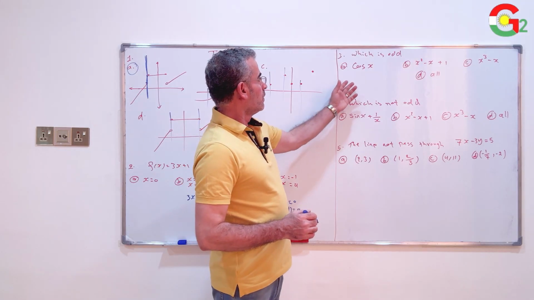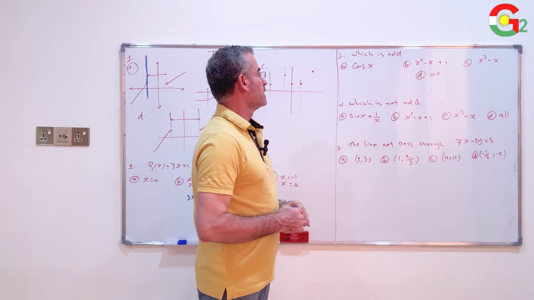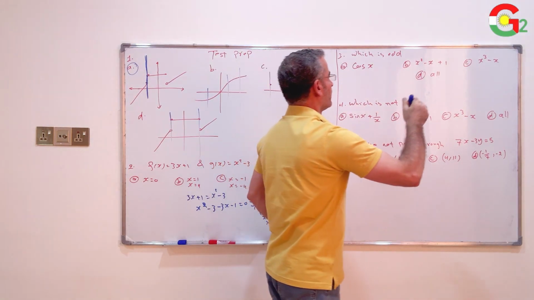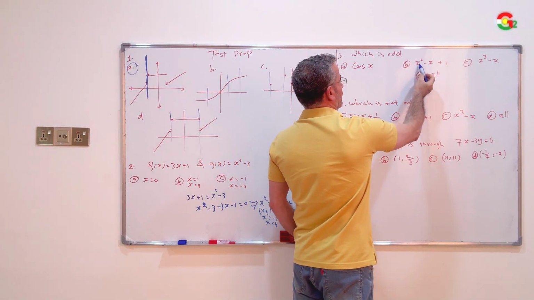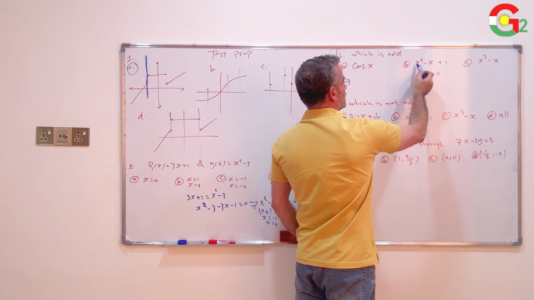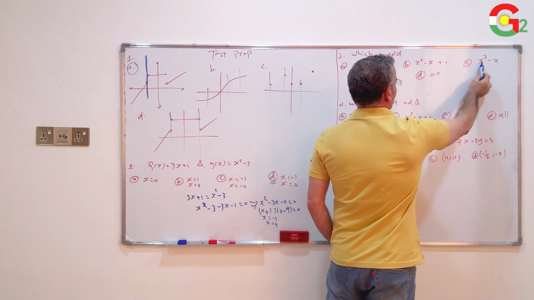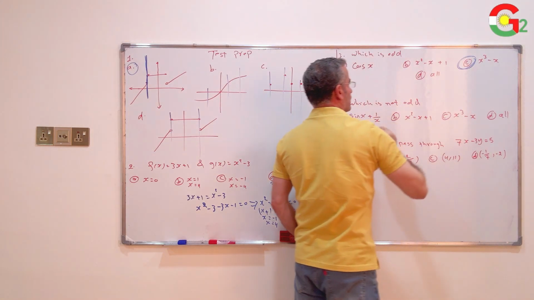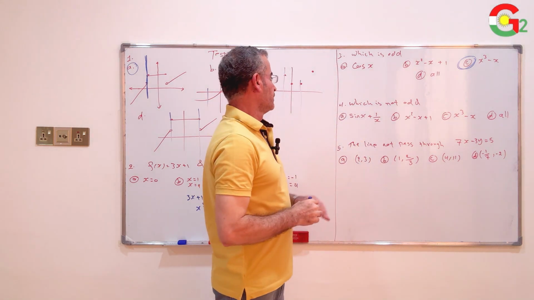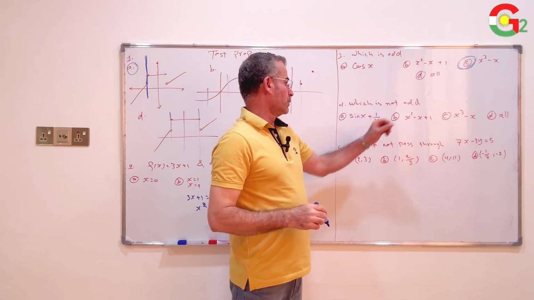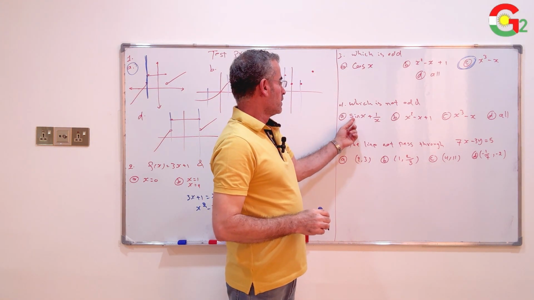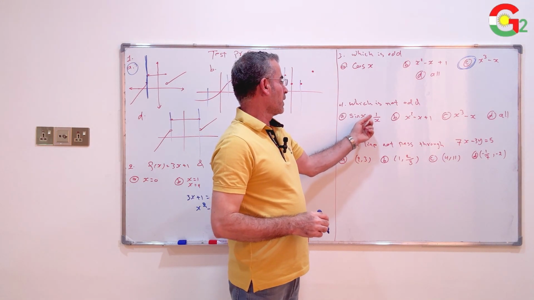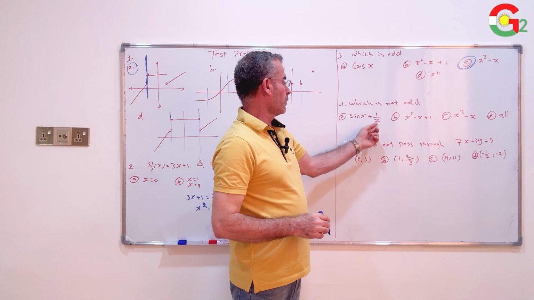Which of the following functions is odd? Cosine x is even. Even minus odd is neither. Odd minus odd is odd. This is the right choice. Which is not odd? Sine x is odd plus even over odd.